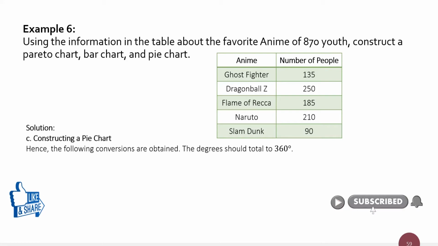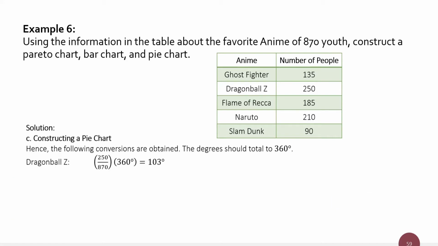So hence, the following conversions are obtained. The degrees should total to 360 degrees. So for the Dragon Ball Z, meron tayong frequency na 250 and total of 870 lahat ito. Then multiplied by 360 degrees. So ang sagot natin is 103 degrees.